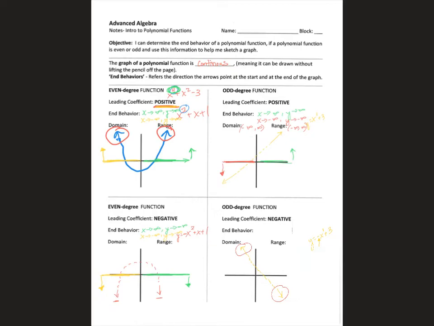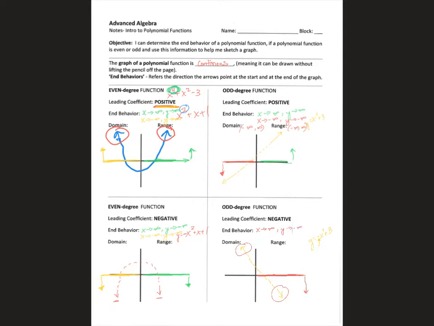Okay, so let's talk about the end behavior of an odd degree function with a negative leading coefficient. So as the x value gets more positive and we approach infinity, where is my y value going? It's going towards negative infinity. So as x approaches positive infinity, my y value approaches negative infinity.